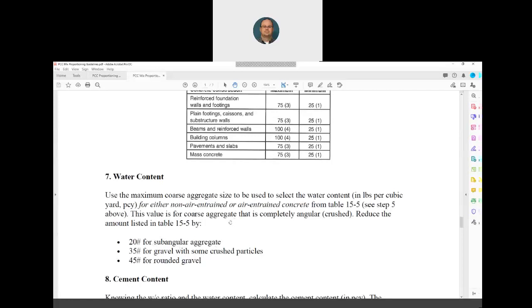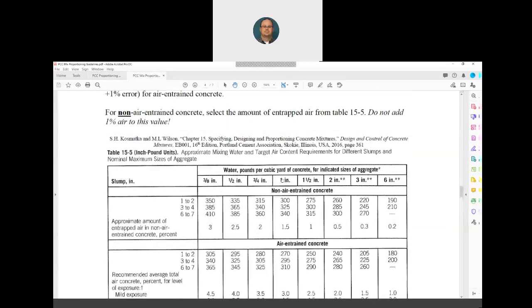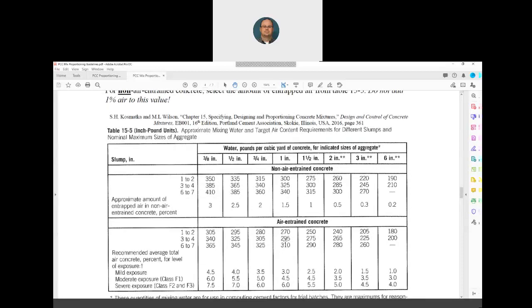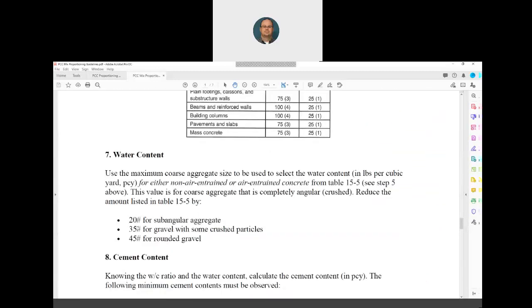So basically, let's go back up to 15.5. All right, I have a 1 inch maximum aggregate. I'm in air entrained concrete, and I want a 3 to 4 inch slump. So if my coarse aggregate is completely crushed, I'm going to use 295 pounds per cubic yard of concrete. However, if my aggregate is subangular, I'm going to take 295 pounds.